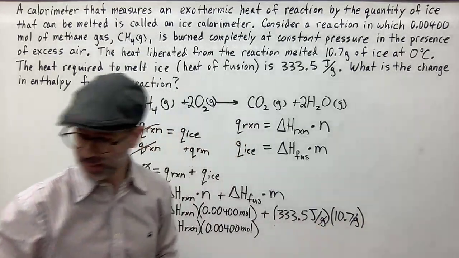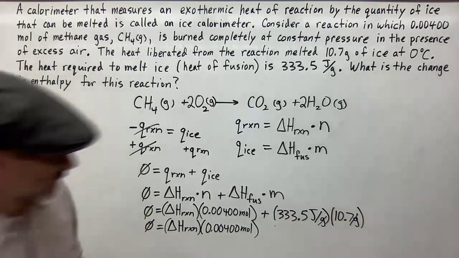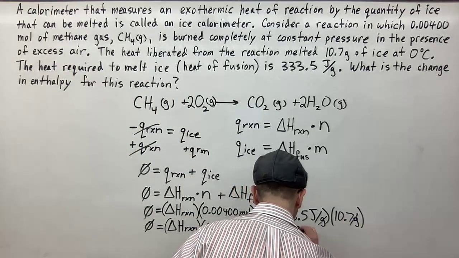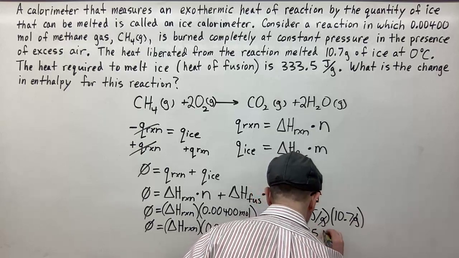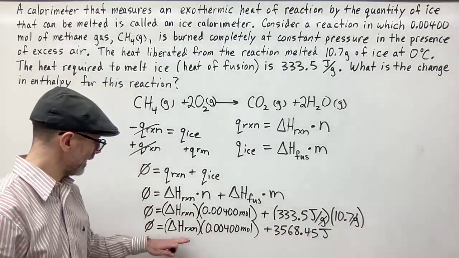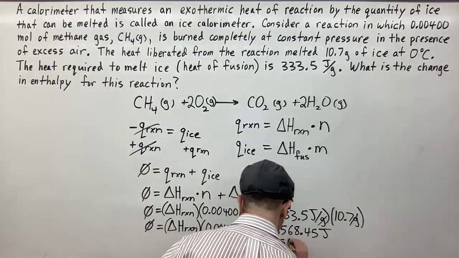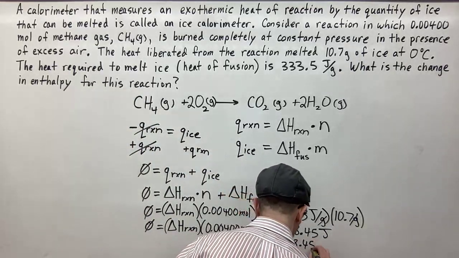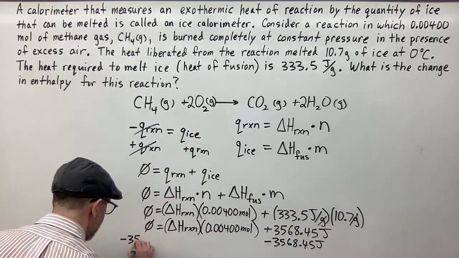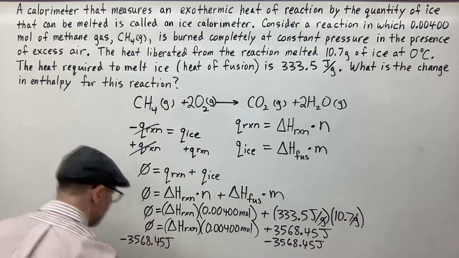This multiplied together is going to give me 3568 plus 3568.45 joules. So now I want to isolate this. So I'm going to subtract 3568.45 joules on this side, and I'm going to subtract 3568.45 joules on this side.